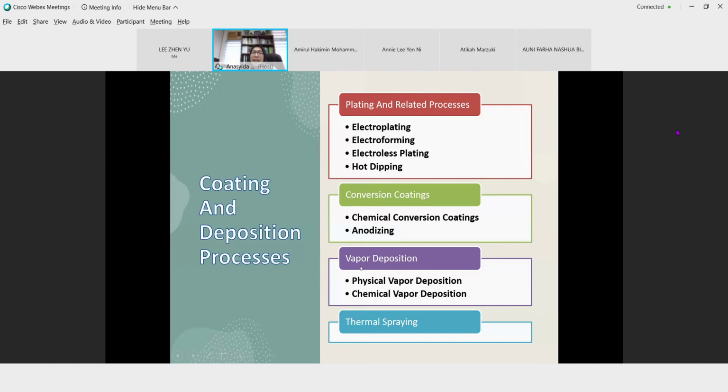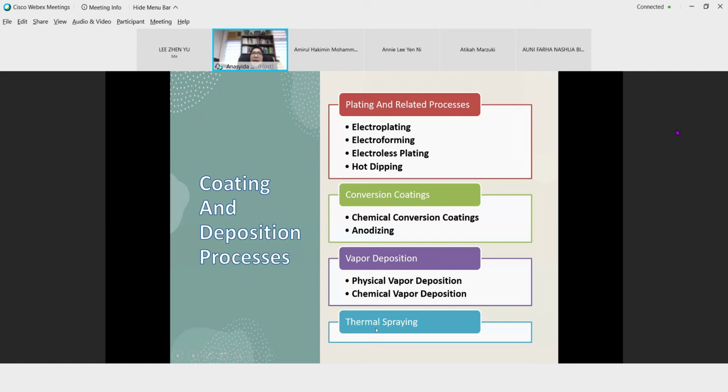The third one is vapor deposition. We have physical vapor deposition and chemical vapor deposition. This is a process you studied during semiconductor fabrication. I will not touch much on this process, I'll just go through it very fast. And the last one is thermal spraying.